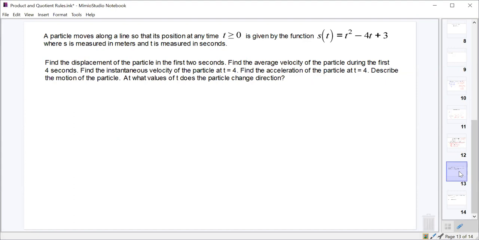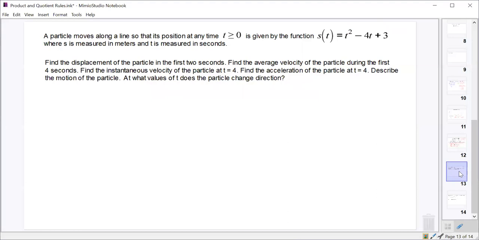So we have a particle moving along a line. That just means that it's moving only in the x direction, to the right or to the left, or perhaps both, as we go back and forth between them.